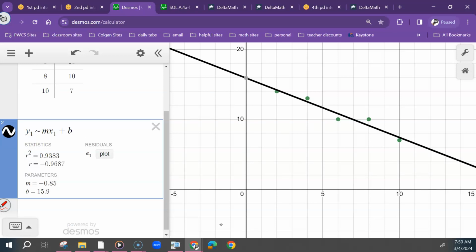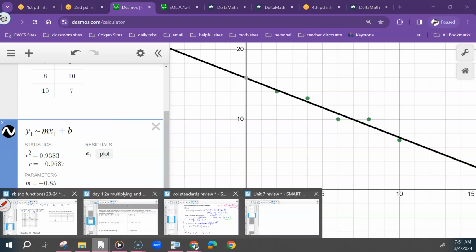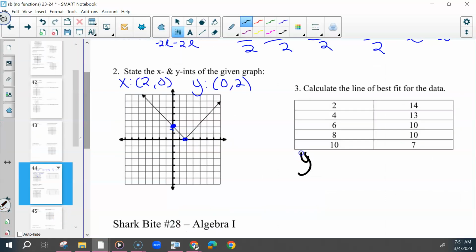So y equals negative 0.85x plus 15.9. And that would be your line of best fit. So y1, the squiggly line with tilde, m, x1 plus b.